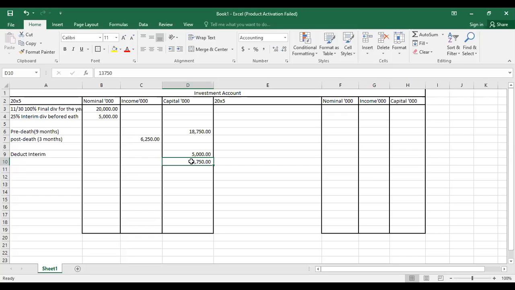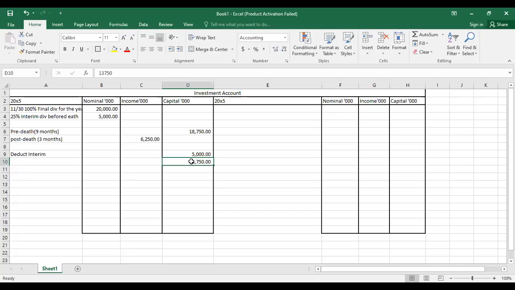The final dividend will still be 3,000. What you add is the interim, so the interim is going to be 22,000. So we are getting a total of 25,000. So our total will be 25,000.